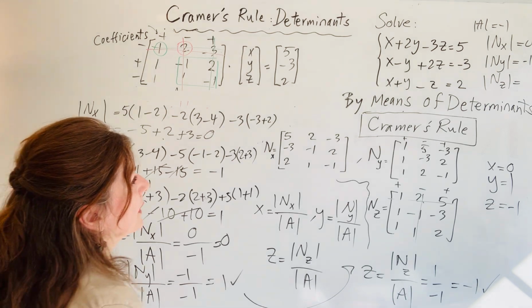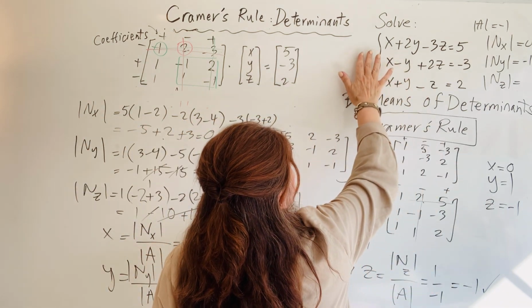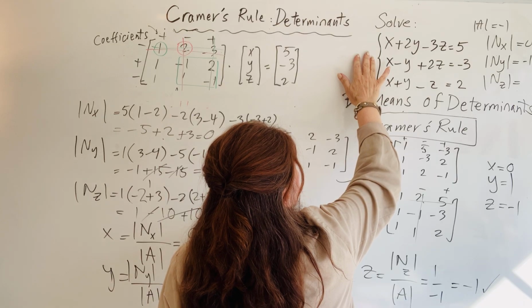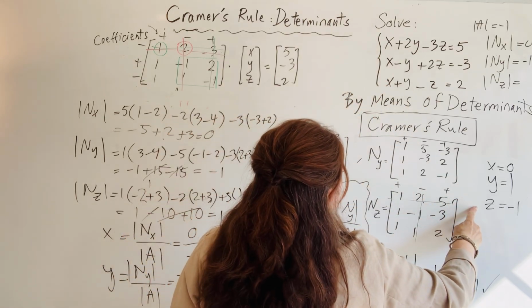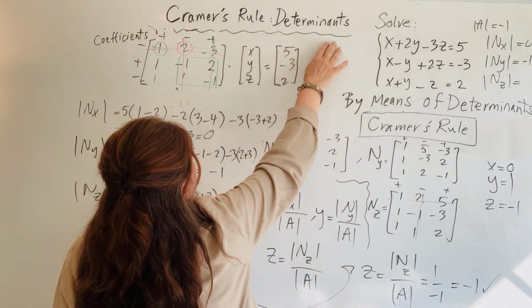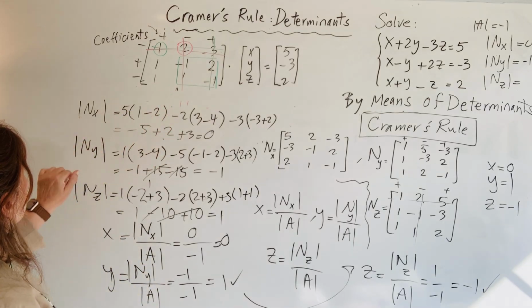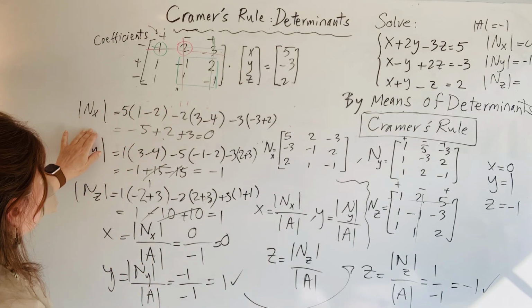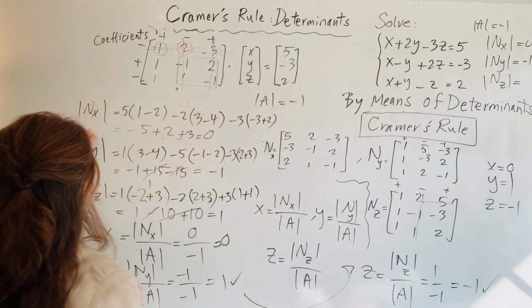We found X, Y, and Z, the answer of this linear system of equations with 3 unknowns. We got this by finding the determinants. The determinant of the coefficient matrix, the determinant of A, is -1.